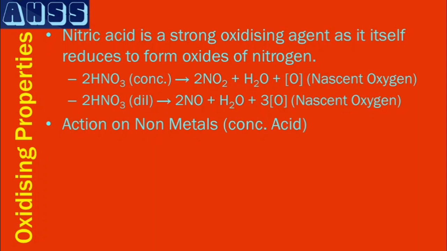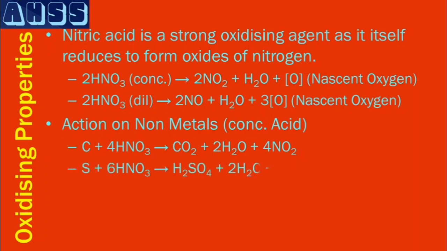Let us see non-metals. When carbon reacts with nitric acid, carbon is oxidized to carbon dioxide, with water and nitrogen dioxide. This is for concentrated acid, as you can see in the equation. When sulfur reacts with nitric acid, in a similar way, sulfur is oxidized to sulfuric acid.